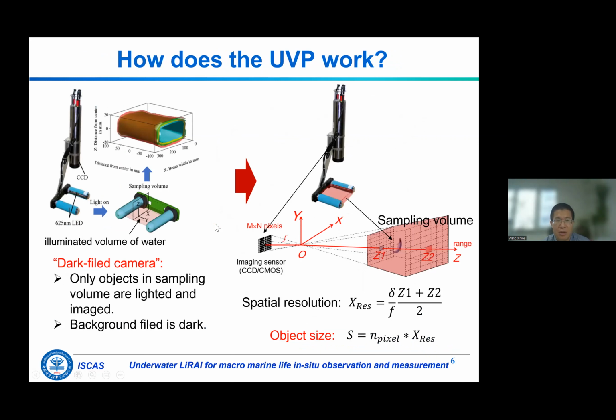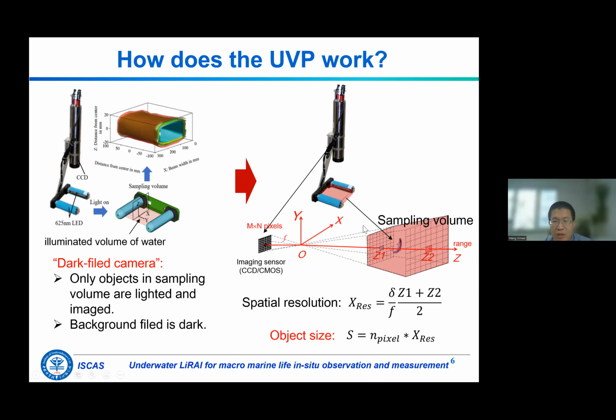That's a clever method. We can see two LEDs are used, and then it can generate an illuminated volume of water. In fact, the UVP is a dark field camera. It can only grasp object images in the sampling volume, and also the background field is dark.